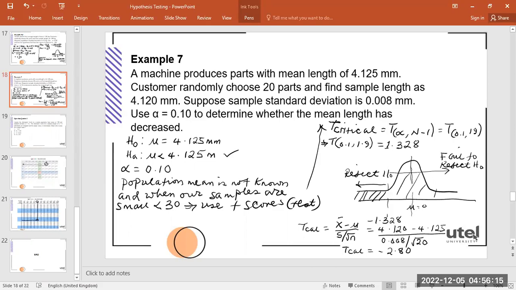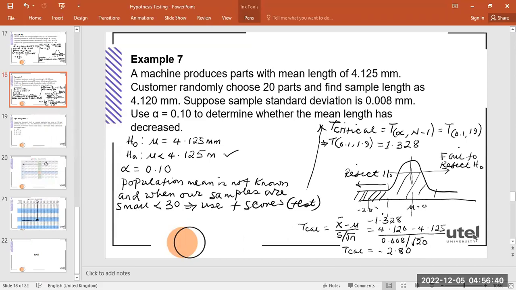Minus 2.80. Now, it is important to know if to the left here is minus 1.328, then of course, minus 2.80 should also be somewhere here. And you can see that it is to the left-hand side, that's inside the rejection region.